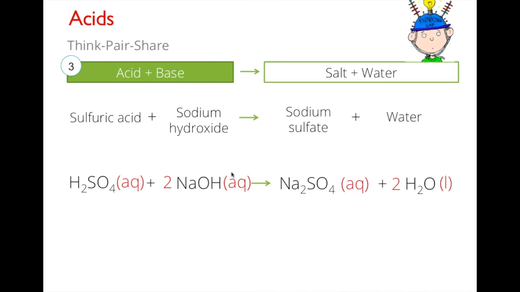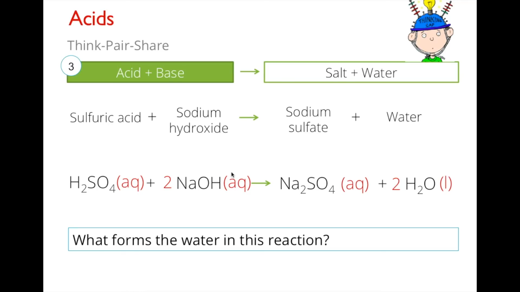Now, let's think. What forms the water in this reaction? Where did the H2O come from? If you look at just the equation, you should be able to see that since there's no H and O on the right hand side other than in water, all the H and O on the left hand side went to form the water.